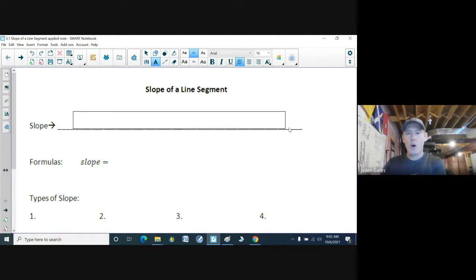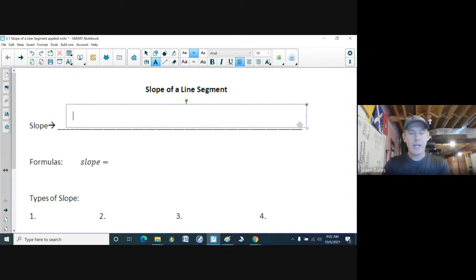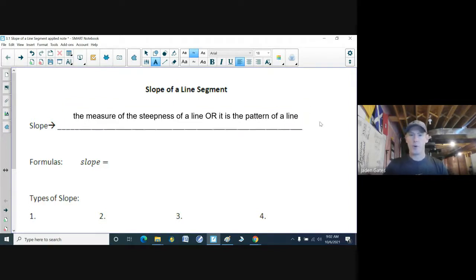And what slope is all about, it's the measure of the steepness of a line. Or what I like to call it is the pattern of a line, which is also true.